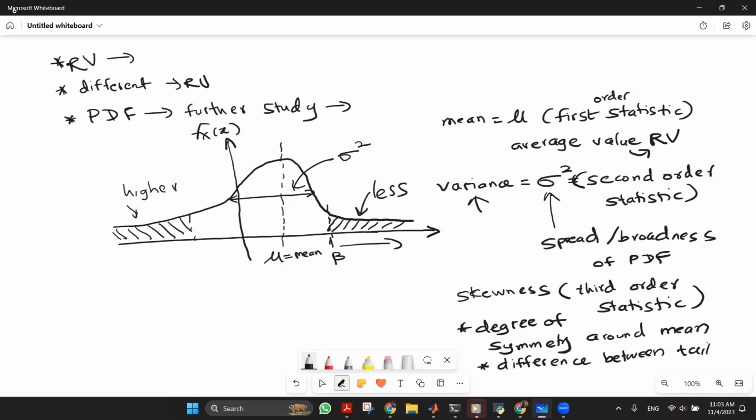So the skewness is the third parameter. And then I can take the kurtosis as the fourth parameter, which is the fourth order statistic.